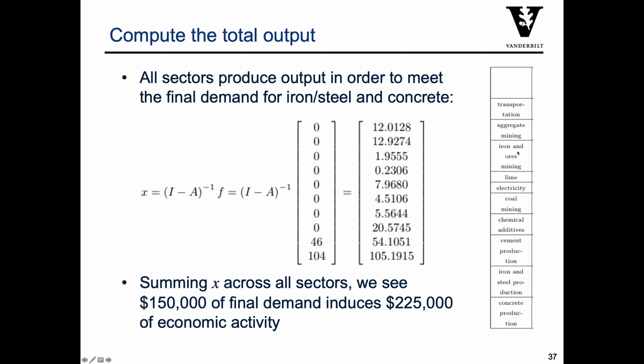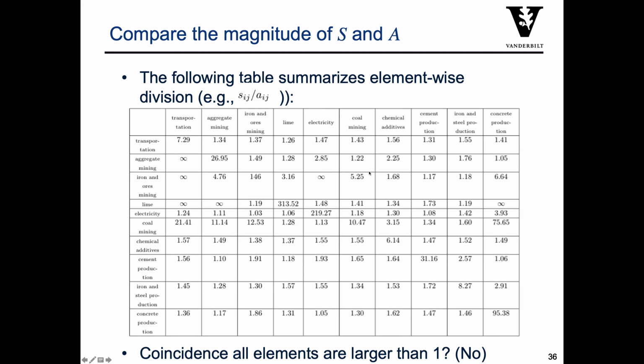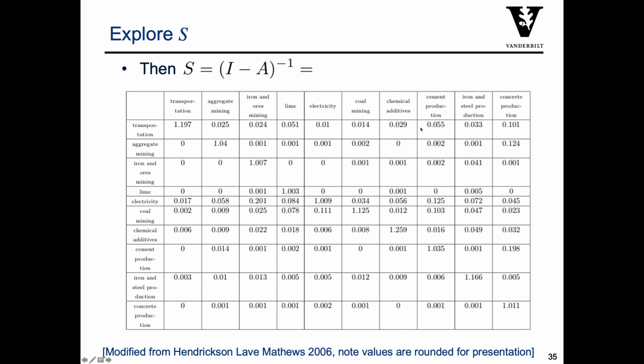less economic activity. The way to roughly see that would be to go back to your matrix S here and look at which one of these columns of S has the largest column sum, because the column sum is telling you, for $1 of investment, which one is going to produce the largest total output.